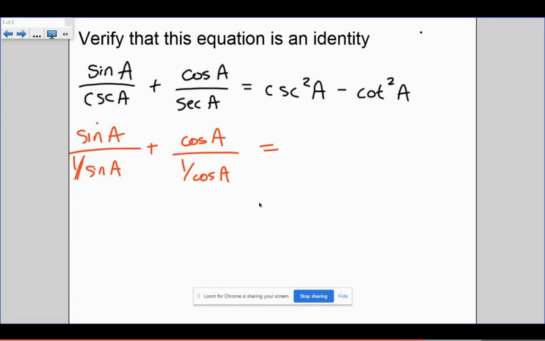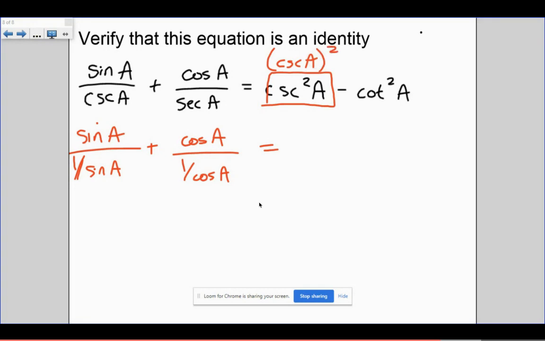Now, I want to make sure you understand this notation. With trig, they sometimes write the squared in between the trig function and the variable, in between the cosecant and the A. But another way we could write this is actually with parentheses and write cosecant of A all being squared. So cosecant squared A is the same as cosecant of A squared. Those two mean the exact same thing.